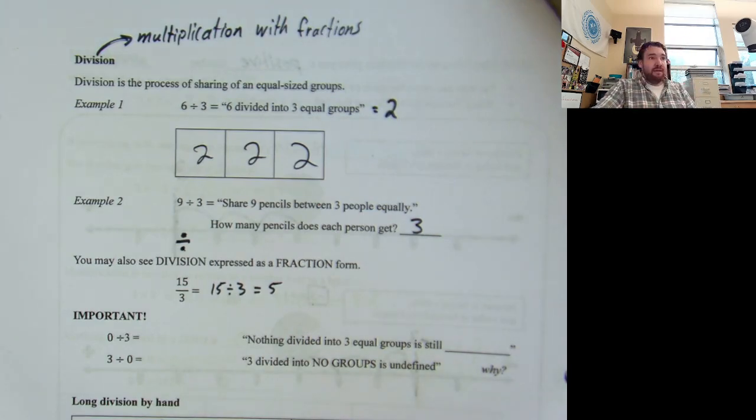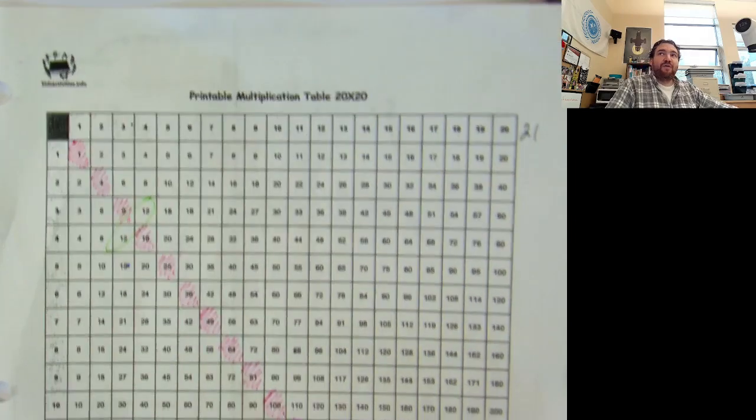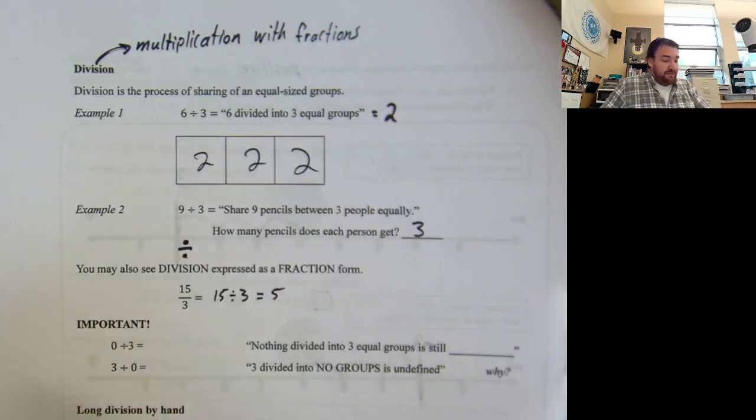For fun, I want to show you how to use the multiplication table for division. How do you go backwards on the multiplication table? Obviously, it only works for numbers that are nicely divisible, but here's how you'd use it. We have to go to the table, and you want to find, for this example, the numerator. I want to find 15.